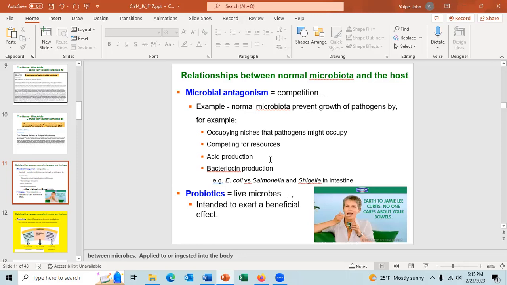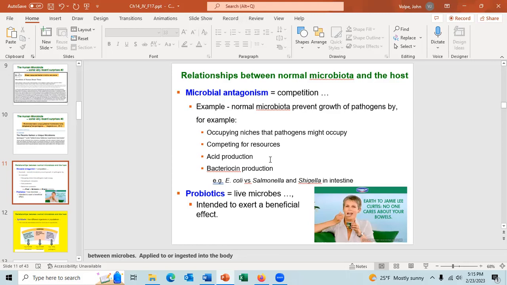It is true, I don't know about the urethra, but in the skin, that we secrete substances which become acidic, but the normal microbiota metabolize those substances and make it even more acidic. And that makes the environment detrimental for many human pathogens.